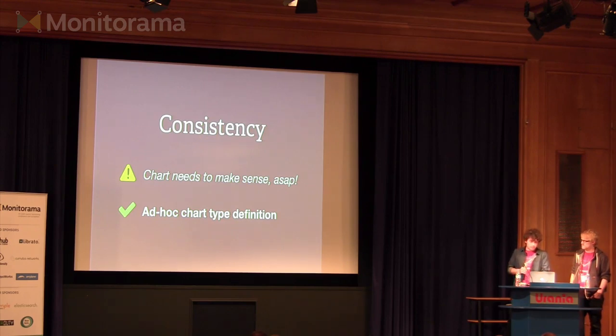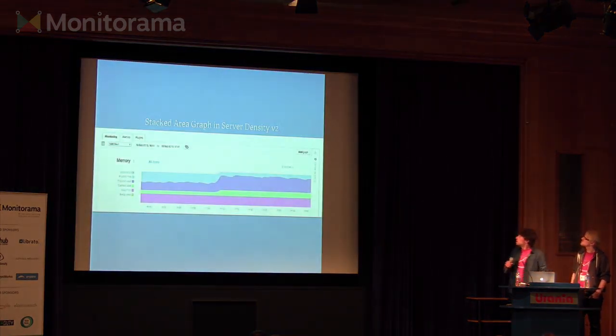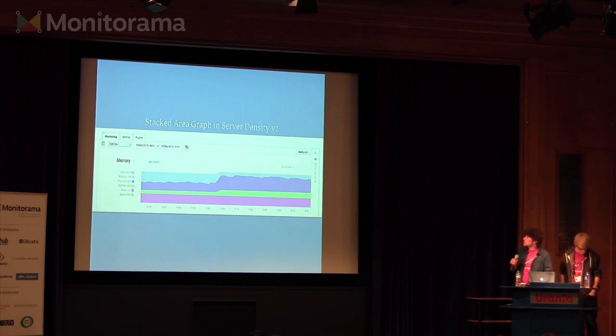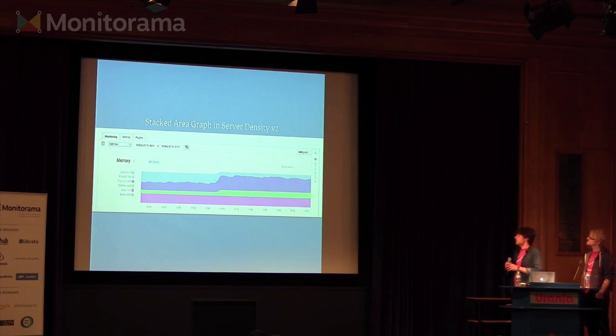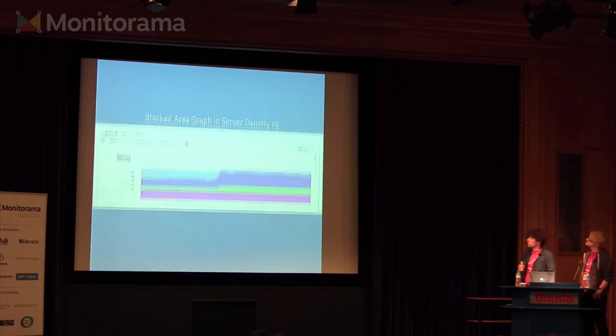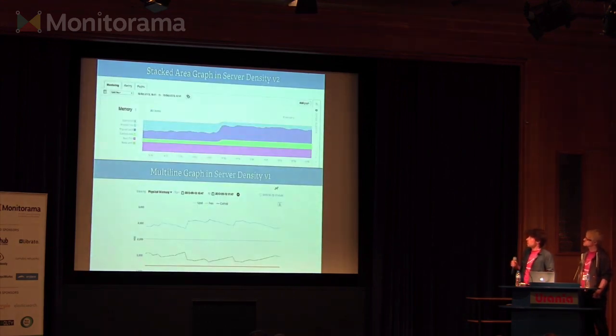To give you an example, this is a graph for memory usage from the new graphs, and it displays the memory metrics stacked one on top of each other as areas. What you can clearly see from this graph, which you can't see immediately from this other one, is that there's a spike in the physical memory used. There's this increase right in the middle.